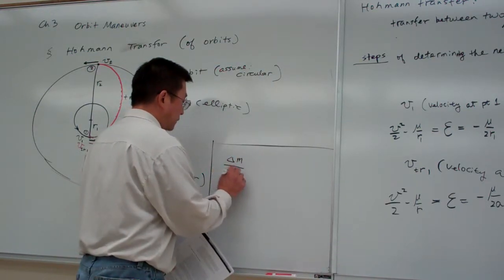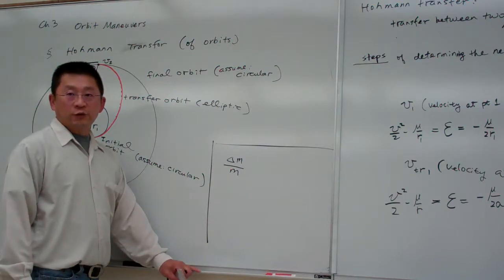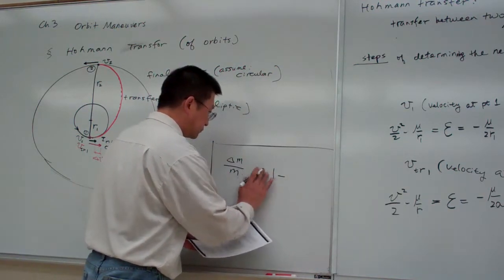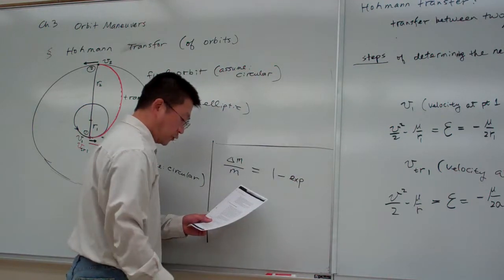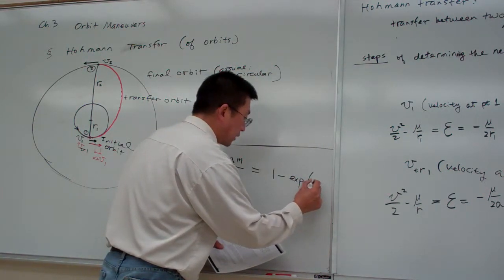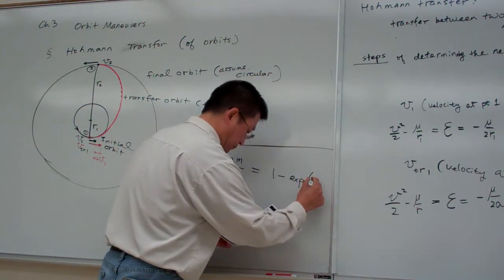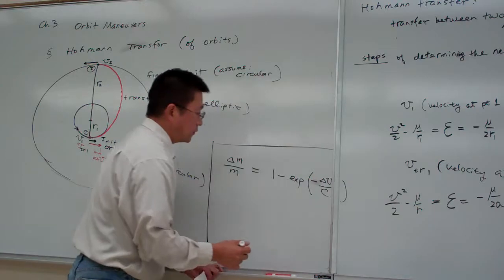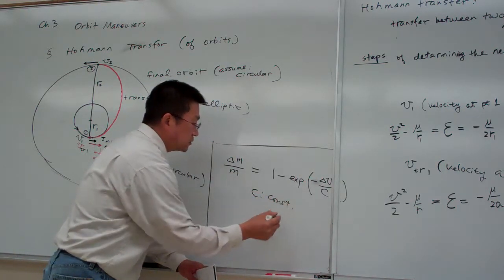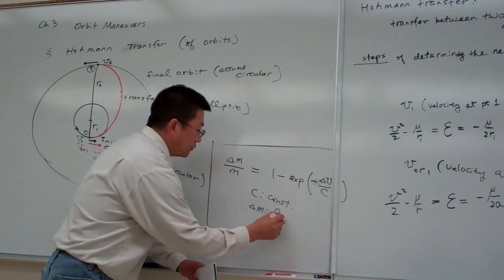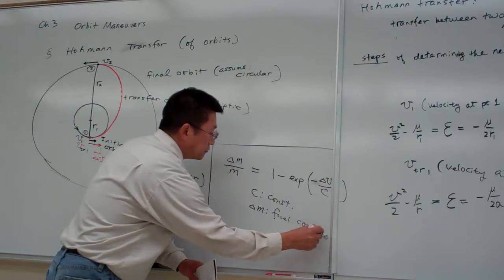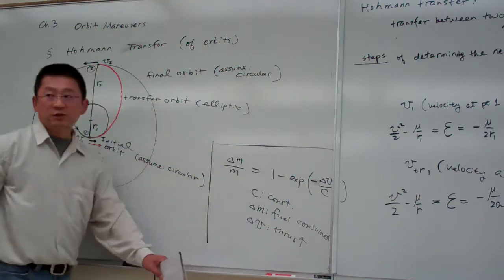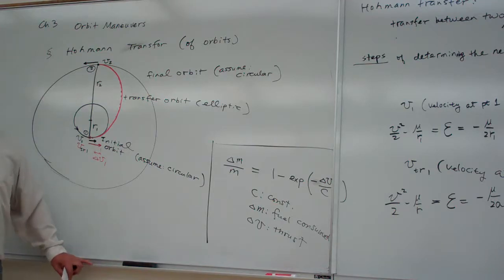Delta M over M, where delta M is the fuel consumed, is proportional to 1 minus the exponent of a certain constant C times delta V. C is a constant, delta M is the fuel consumed, and delta V is the change in velocity.